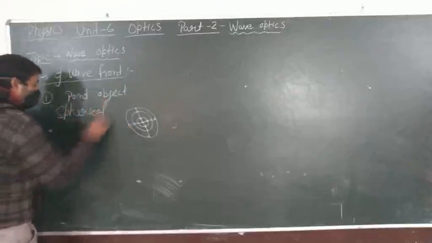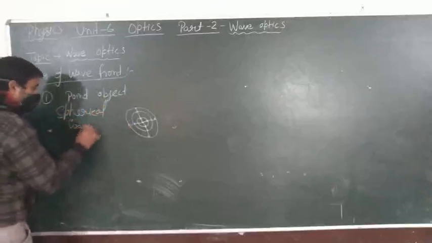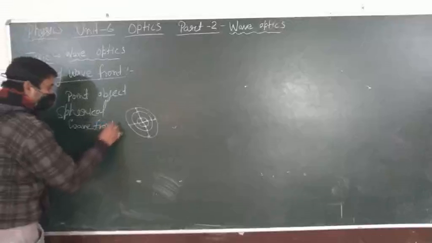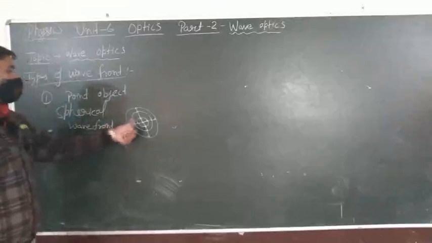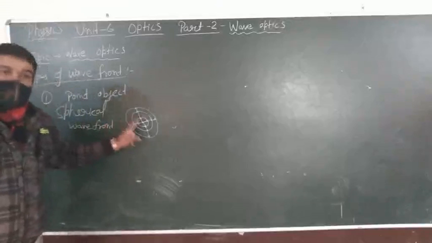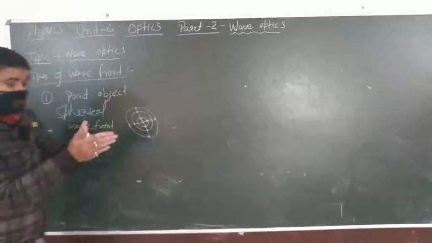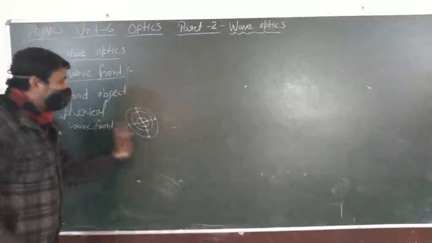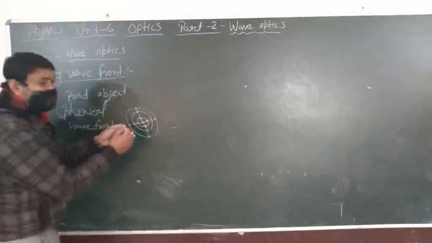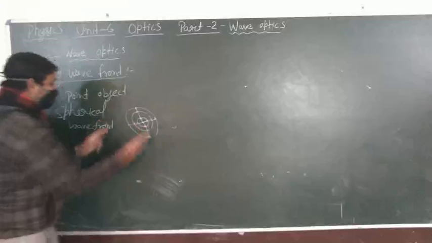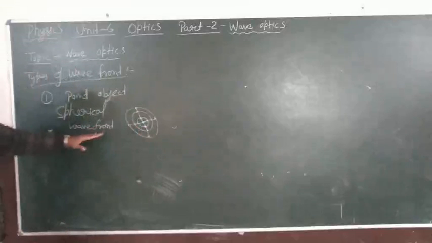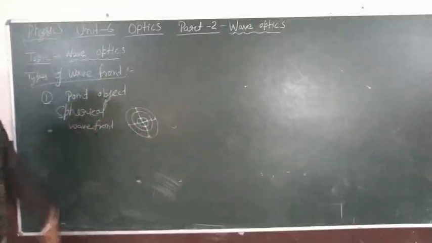These are produced from a point source, and as the light travels in the forward direction, we observe larger spheres with the same center. So this kind of sphere behaves like a spherical wavefront.